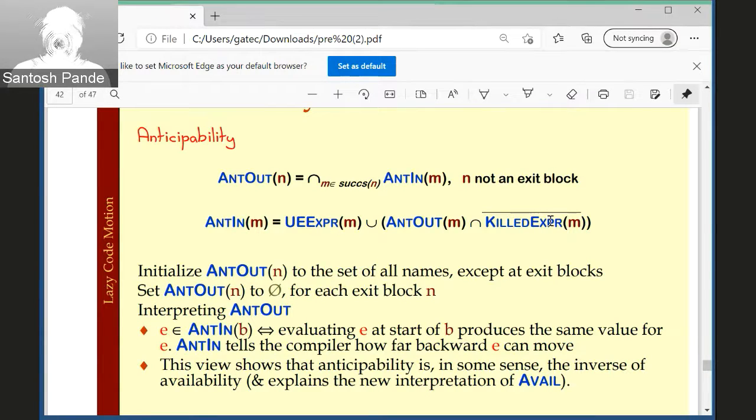Take the second condition, that it was never evaluated. Then what will we do? We will keep going up and up and up. This time the stopping condition is not that x or y has changed. The stopping condition is that you are now getting into a particular path on which x plus y was not anticipated.